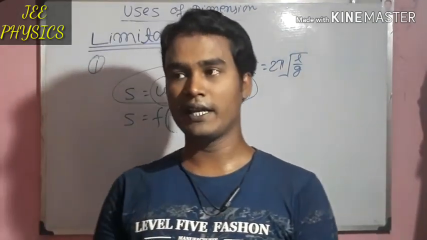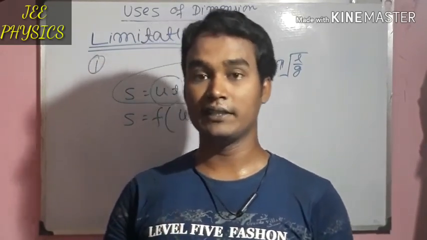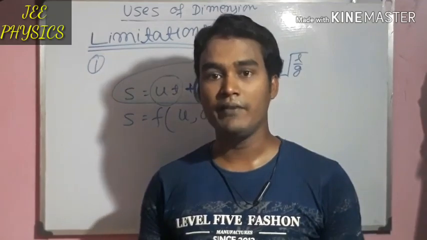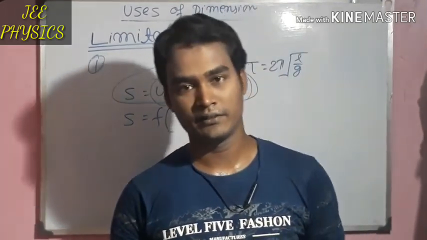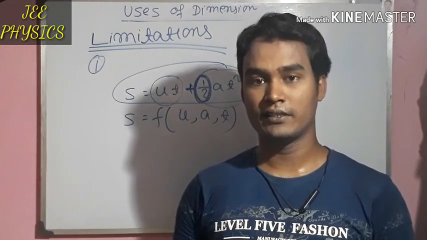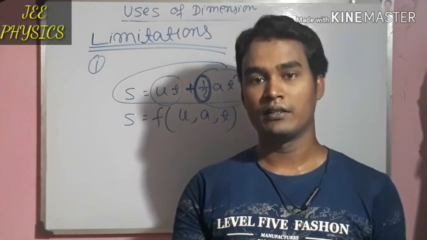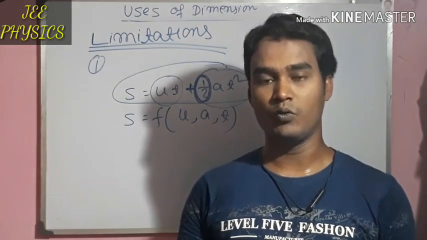So if you get dimensionally incorrect, you can say that the equation is definitely incorrect. But if you get dimensionally correct, then you cannot say that the equation is definitely correct, because there may be some mistake in the coefficient such as half, 2 pi, etc.